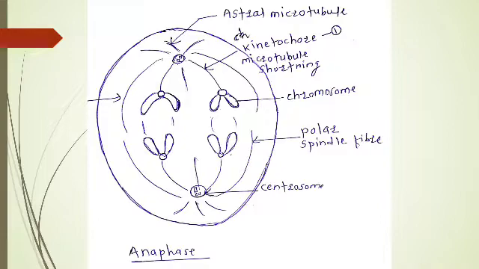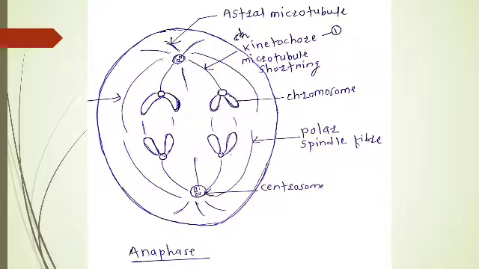And after that only, after the separation of the two sister chromatids, these sister chromatids are pulled towards the opposite ends, which we can see in this anaphase. So, kinetochore microtubules. And the third type of spindle fibers are the polar spindle fibers, or polar microtubules. So these are the three types of spindle fibers you can see in this anaphase.